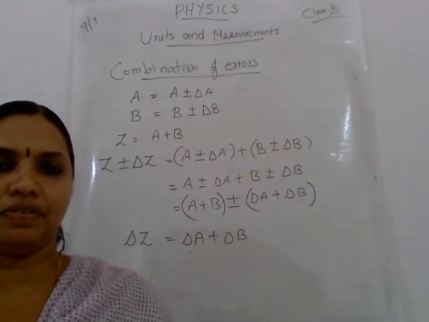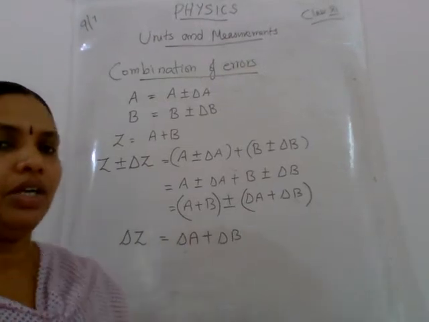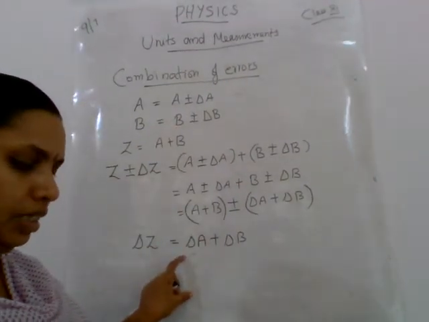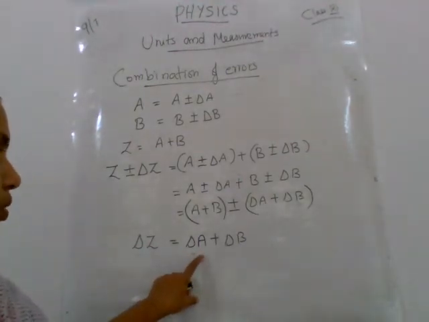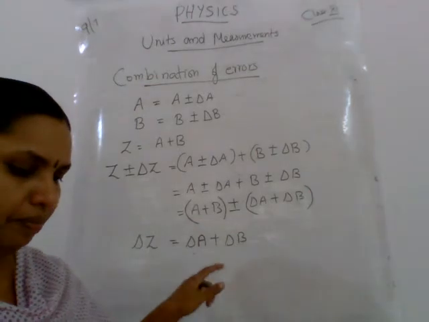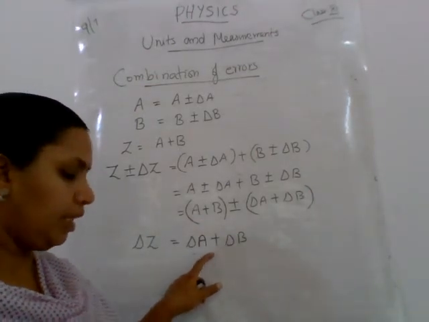You can copy this up to here, that is delta Z is equal to delta A plus delta B, right up to here.